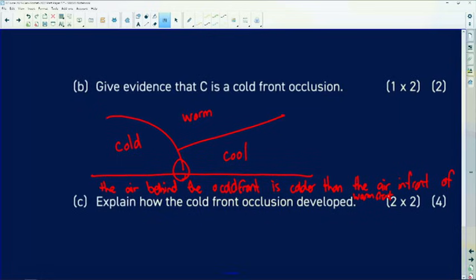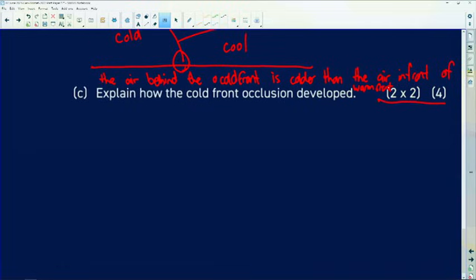So first, if you look at the mark allocation, 2 times 2 is 4. Now, first and foremost, what we can mention, the cold front moves faster than the warm front. And undercuts the warm front.